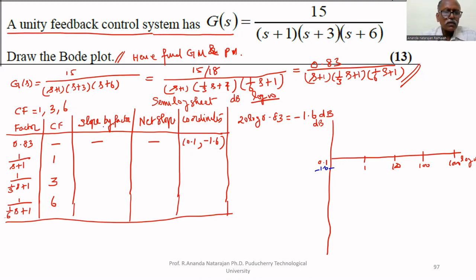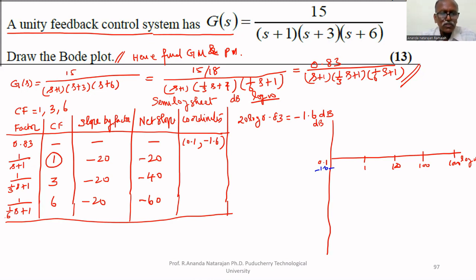Second, the slope contributed by the factor is minus 20 dB because it is a first order factor in the denominator. Again a first order factor in the denominator, again minus 20, again minus 20. Therefore, net slope is minus 20, minus 40, minus 60. Up to the corner frequency 1, the slope has no change.